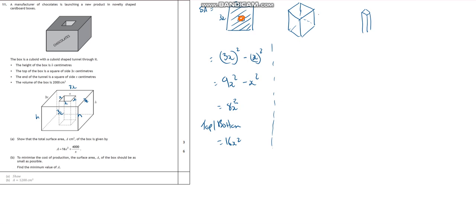This bit, the height is h, all the widths are 3x. So I've got 3x times h, which is 3hx. And I know I've got 4 of them, so the sides equal 12hx, 3 times 4. Final bit. x times x for x squared. I'll just write x times x.